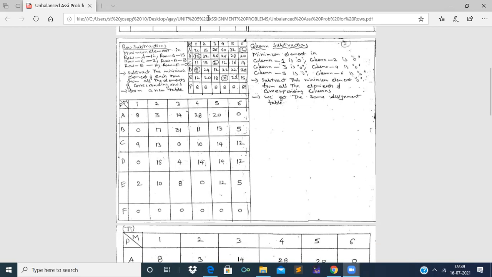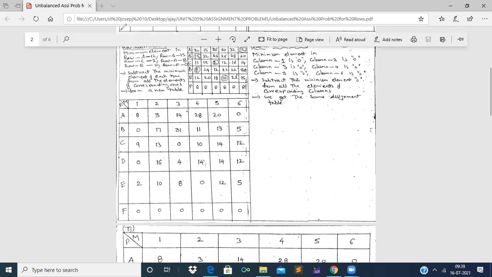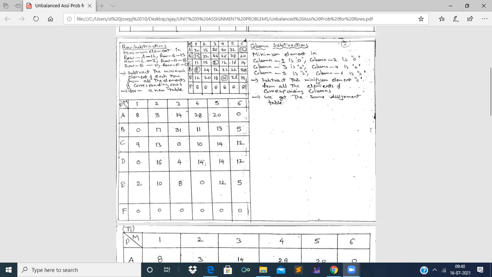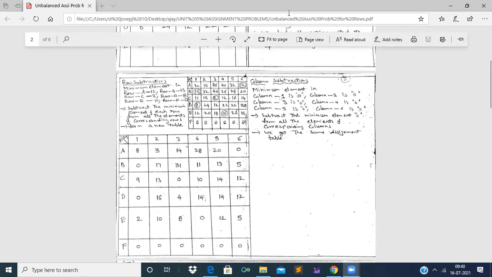So, the first step of the Hungarian method tells us that we should perform row subtractions. It is the balanced table which I have taken in a short form for reference.